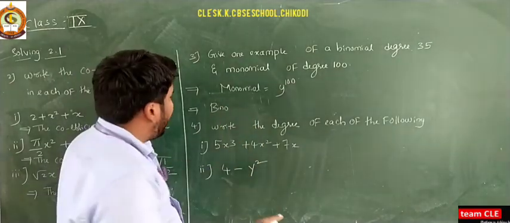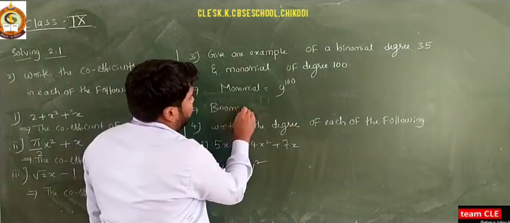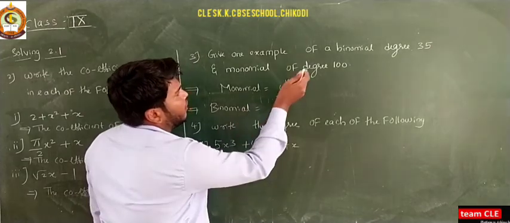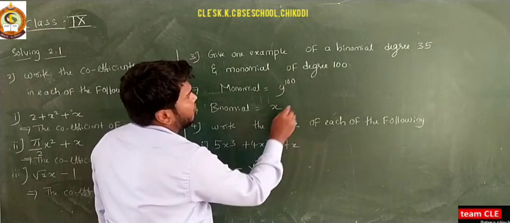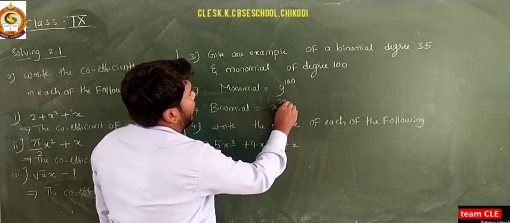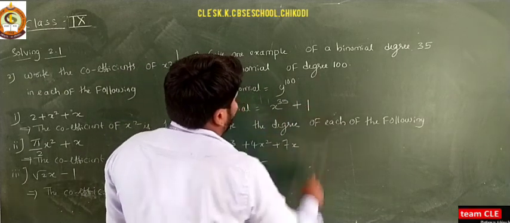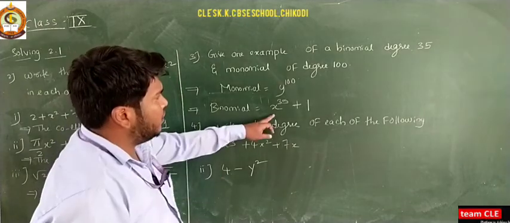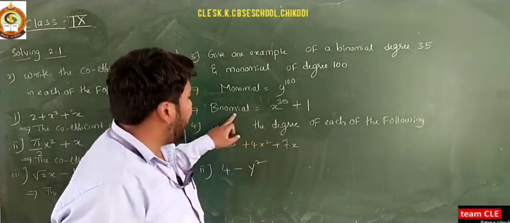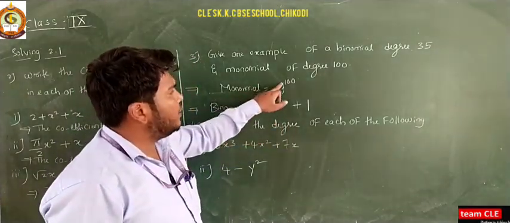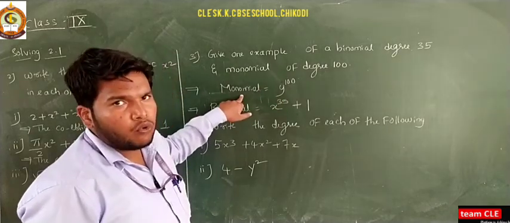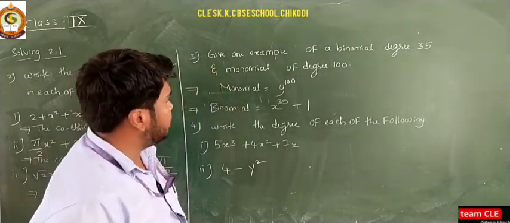I choose x as the variable of degree 35, and the binomial expression I choose is x raised to 35 plus 1. So x raised to 35 plus 1 is the binomial expression, and y raised to 100 is the monomial expression. Please note down this problem.